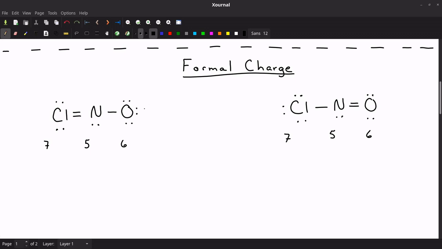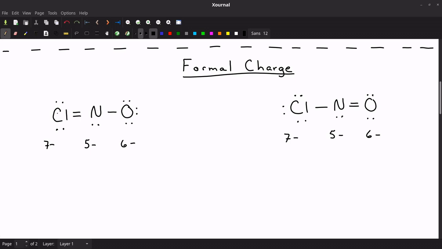Now, what we're going to do is subtract a number from each one of these. We're going to get that number by doing a new count that looks very similar to the octet count that we did, but has one key difference. In our octet count, each dot counted as 1, each slash counted as 2. In this count, each one of the bonding pairs is only going to count for 1. So a slash is 1 and a dot is 1.